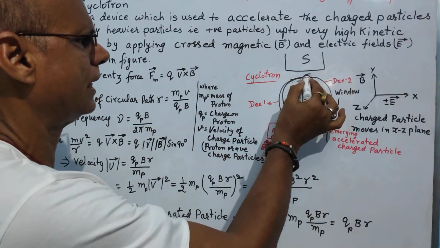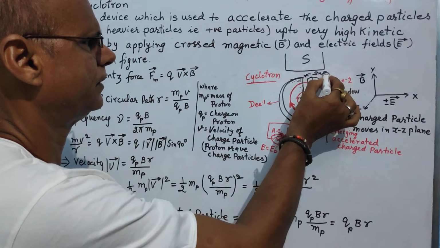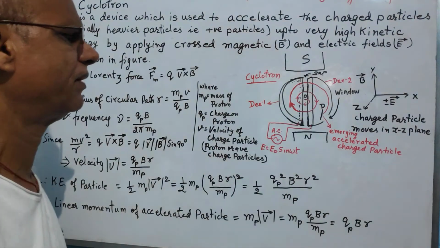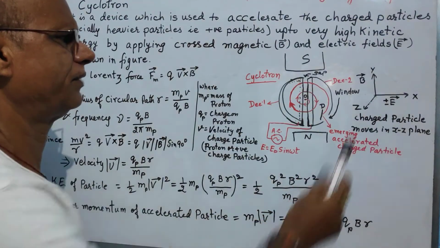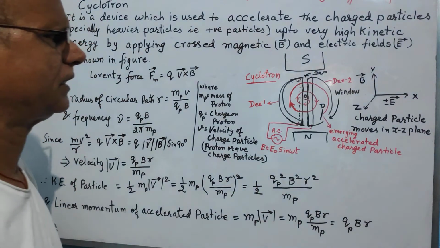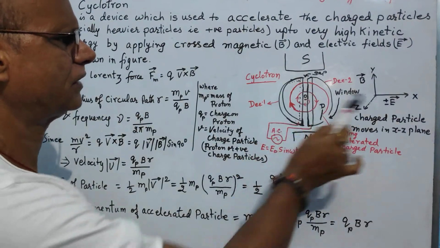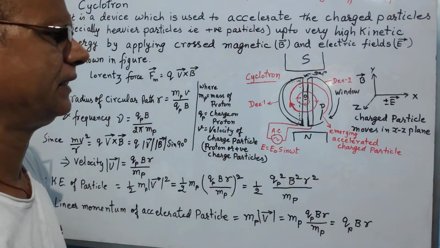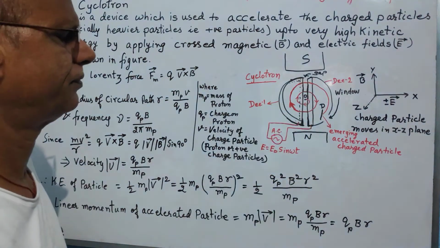This area is called the gap of the cyclotron, and while the charged particle is moving within the gap of the cyclotron, it will be accelerated due to the presence of the electric field, and the force acting on the charged particle will be along the electric field at that time.